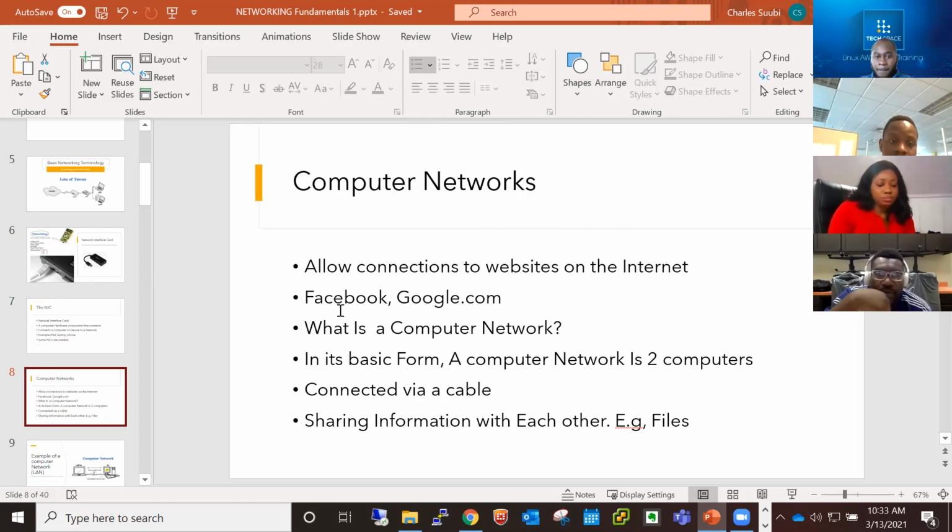For instance, Facebook, Google. So in its basic form, a computer network is two computers connected via cable, and these computers are sharing information with each other. As simple as that. If I can plug my laptop to another computer or to your computer using a cable or using some kind of protocol for them to communicate together, that's already a computer network, in its simplest form.